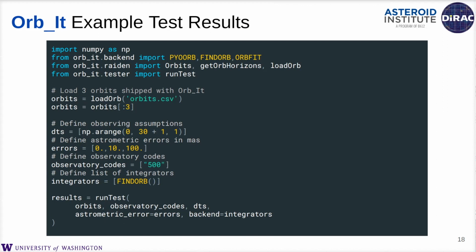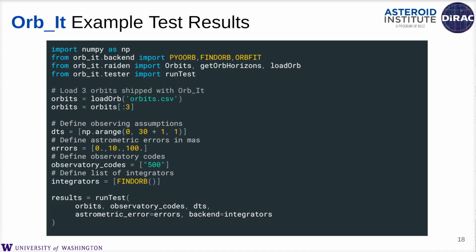In this case, we're only iterating over a single observatory code, the geocenter, but you can imagine adding more. And finally, we want to iterate over the following integrators, which in this case is just findOrb. But there's no reason you couldn't add PyOrb and OrbFit to that list, and see how all of these perform on the same set of objects and the same observing conditions.